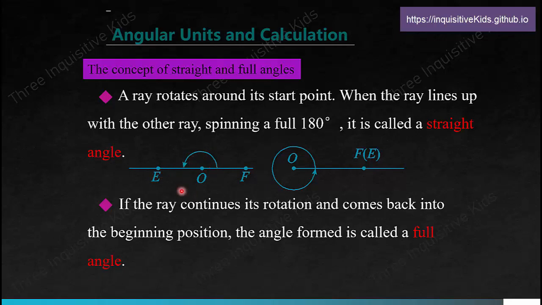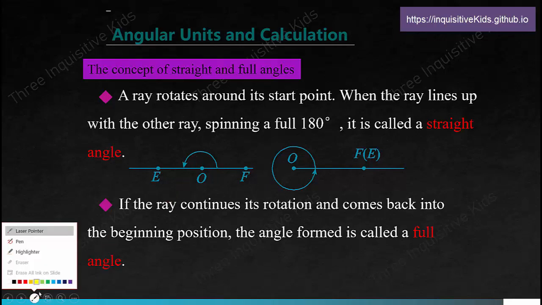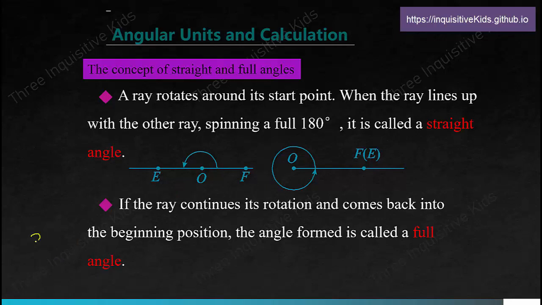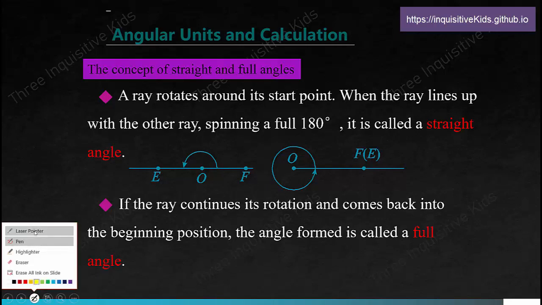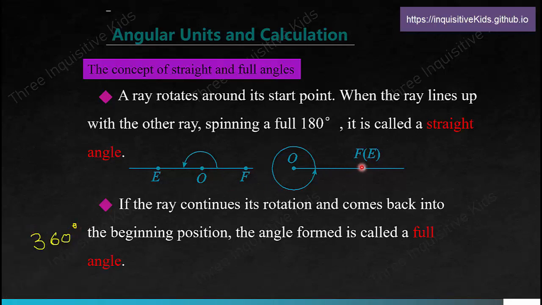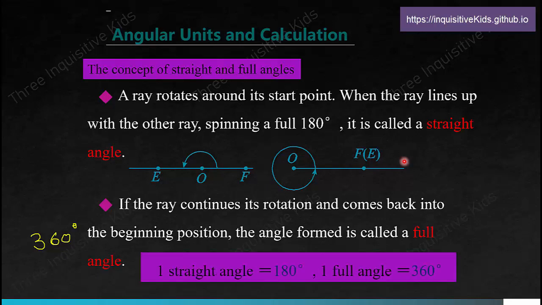And second, if the ray continues its rotation fully and comes back to the beginning position, that's a full rotation, that would be 360 degrees, and it would be called a full angle. This is an animation of that angle. It starts here and then moves all the way around the full circle and comes back to where it started. One straight angle is equal to 180 degrees, and one full angle is equal to 360 degrees.